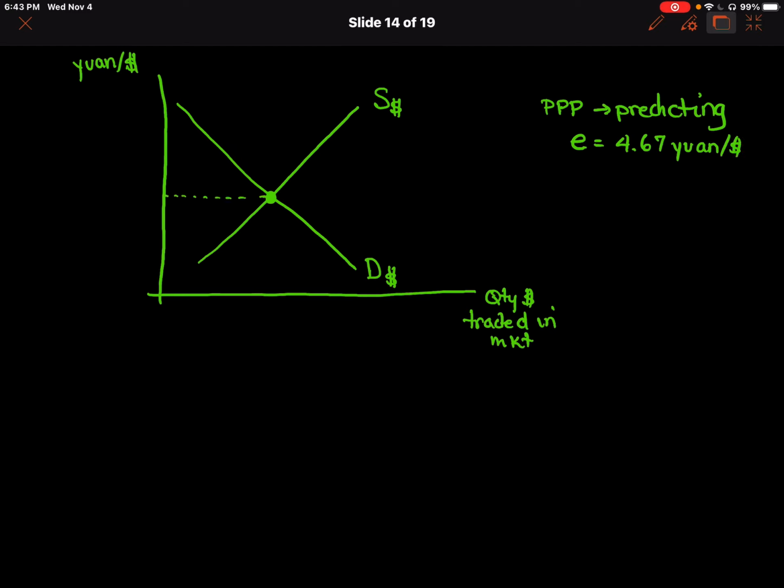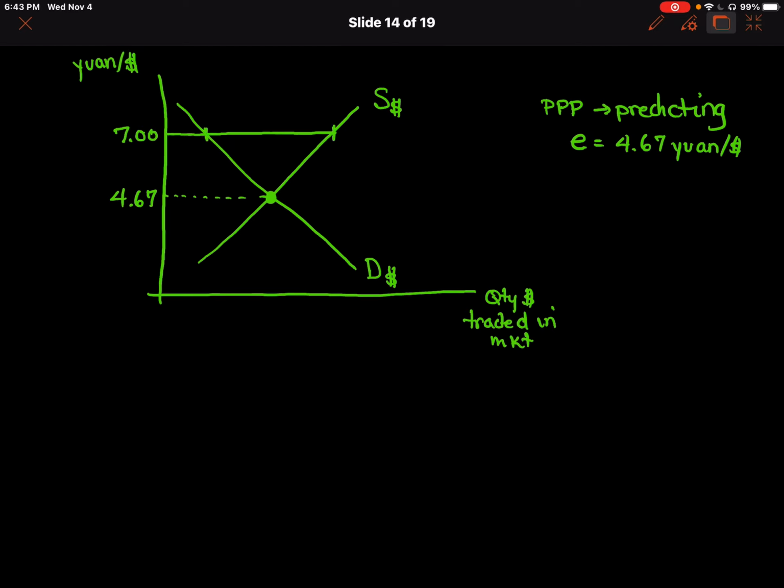But what we're told is that the exchange rate is 7 yuan per dollar. So what do we observe? This is the actual exchange rate, and this is the one that we would predict according to purchasing power parity.